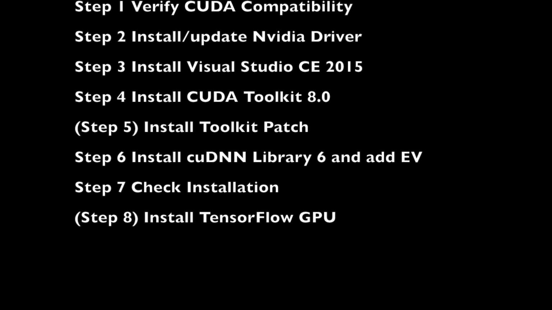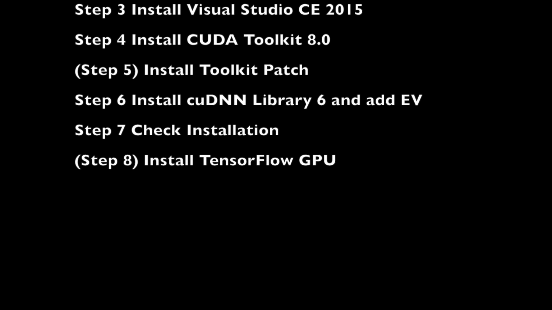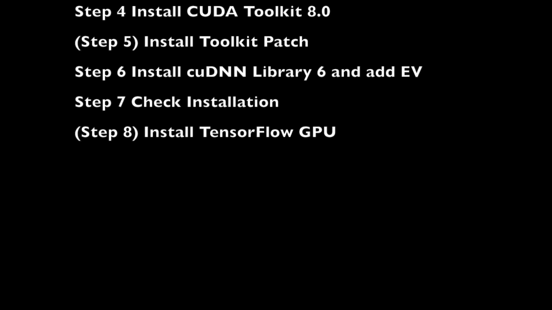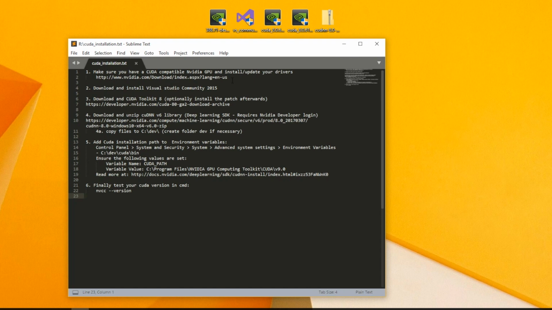Then we will install the CUDNN library version 6 and adjust the environmental variables. Finally, we will check our installation and optionally install the GPU version of TensorFlow. All the versions in this video are important and are to date required by either TensorFlow or DL4J, however this might change in future. Alright, let's get started.